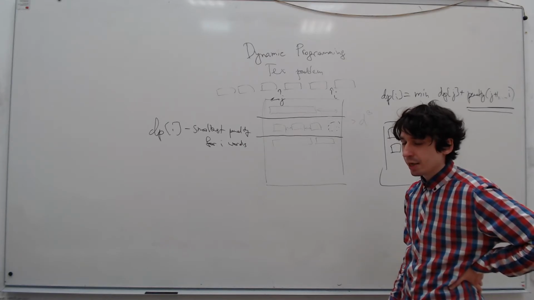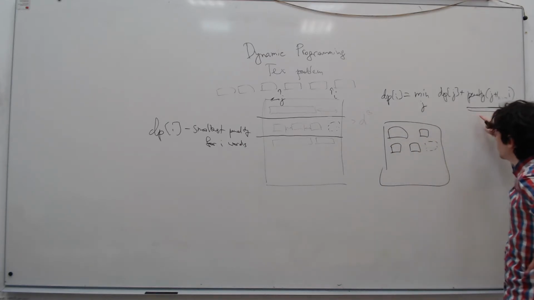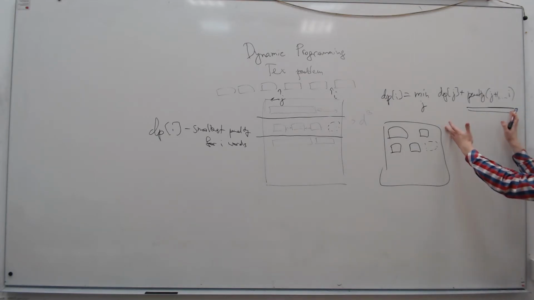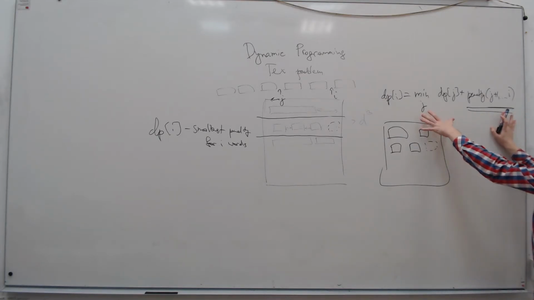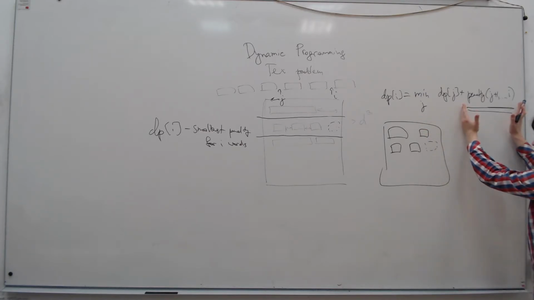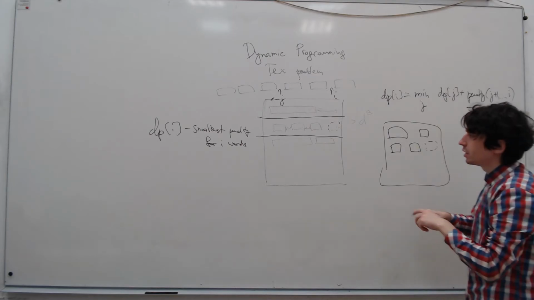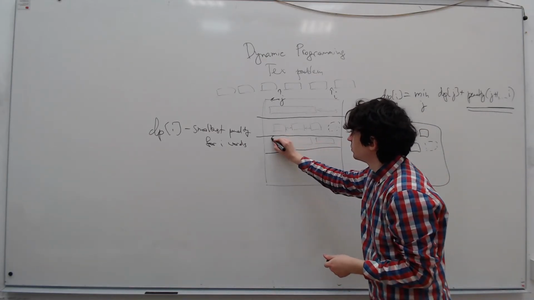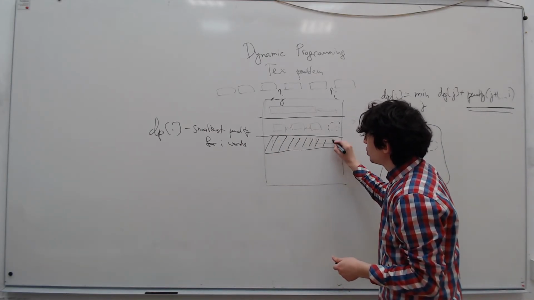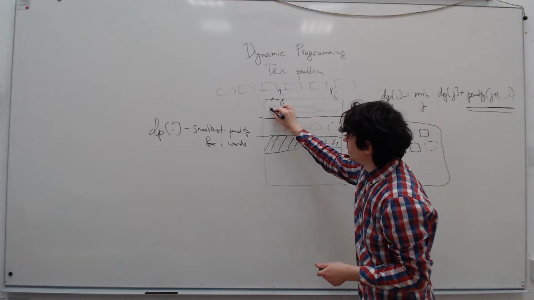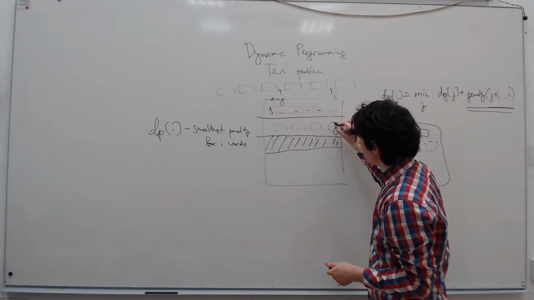Yeah, kind of. If you want to build this as an answer, you take the last line, and you know how to distribute all the other words, 1 up to j here.